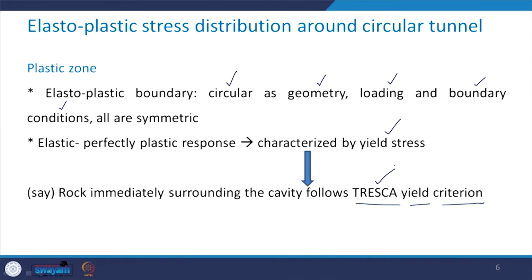But as far as this lecture and the scope of this course are concerned, we will be restricting ourselves only to the Tresca yield criterion. However, the procedure that I am going to explain for the elasto-plastic analysis is general enough, and you can apply any failure criterion to represent the rock immediately surrounding the cavity.